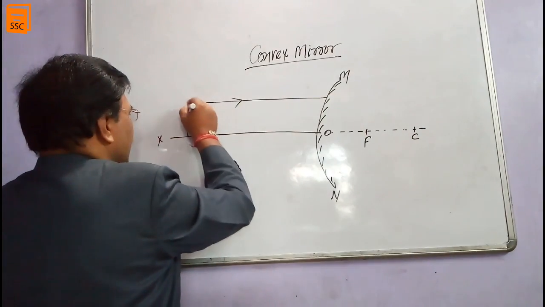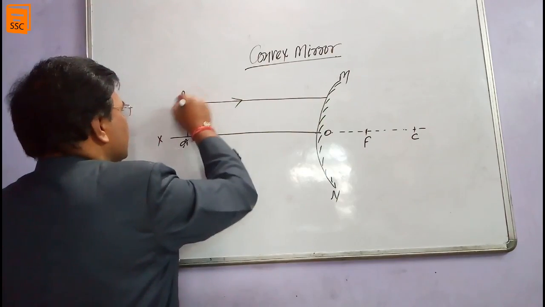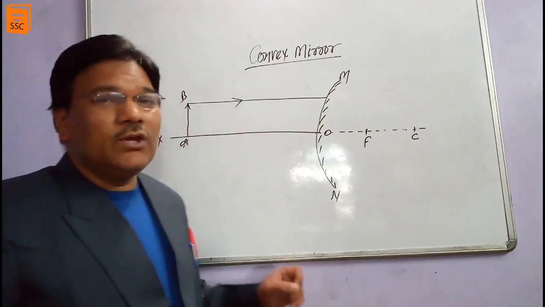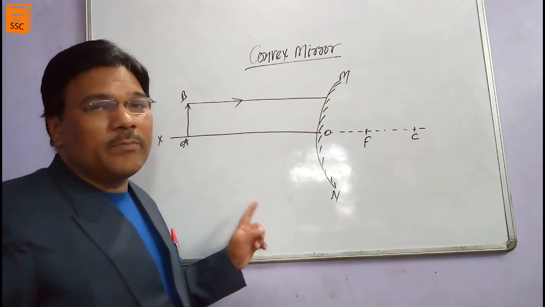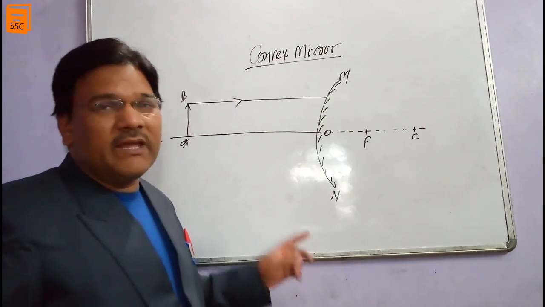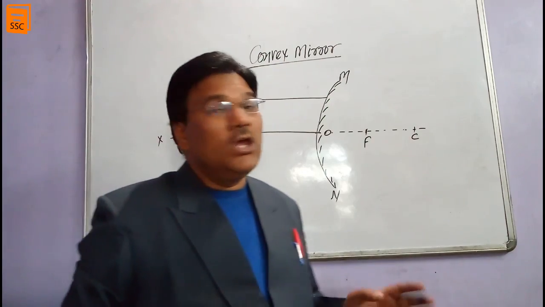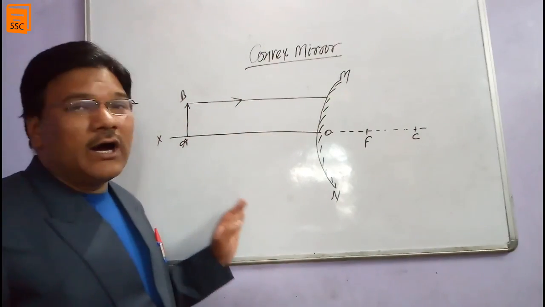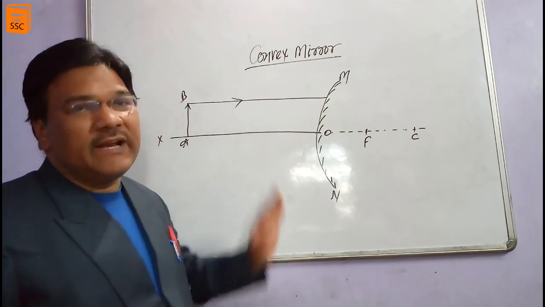Now look, suppose this AB is the object. Again we remind you, whenever you have to draw the formation of image, either in a concave mirror, convex mirror, plane mirror or lens, we should first draw a ray parallel to the principal axis.